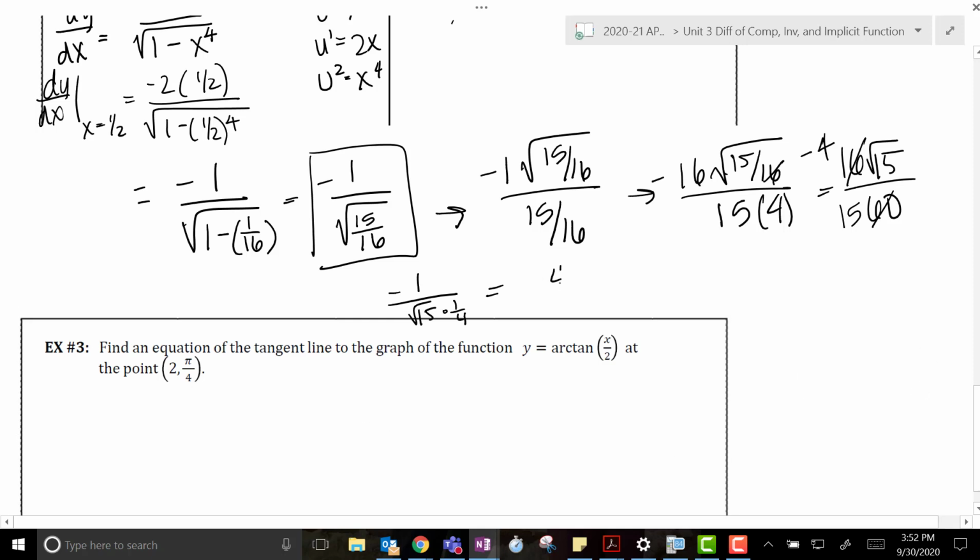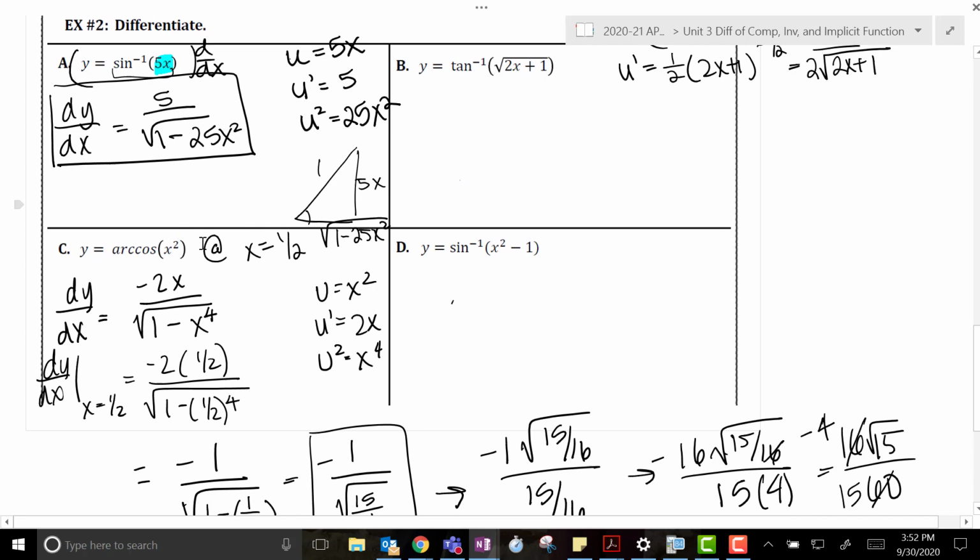Any way I work this out, I'm going to get some iteration of negative 4 over root 15, or negative 4 root 15 over 15 with the denominator rationalized. So just know that some iteration will result. If you are asked to plug in a number, then you work with those rules first and then you substitute after.